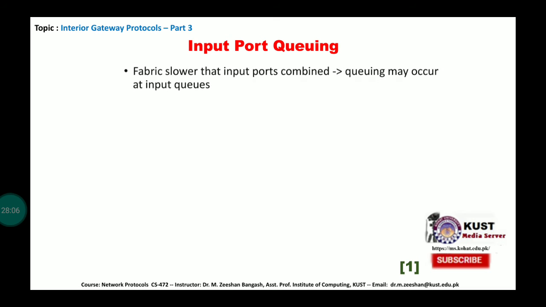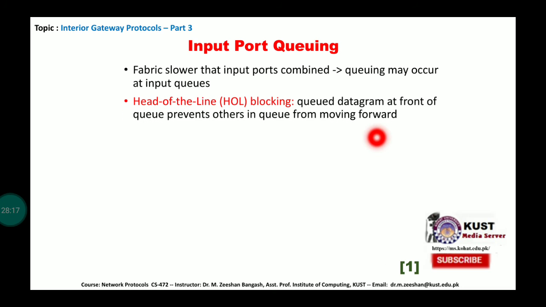Now about input port queuing. If the fabric is slower than the input ports combined, queuing may occur at the input queues, and the datagram at the front of the queue prevents others in the queue from moving forward.